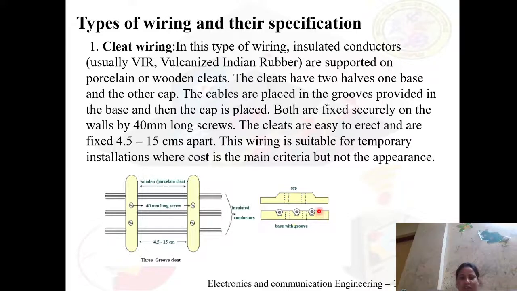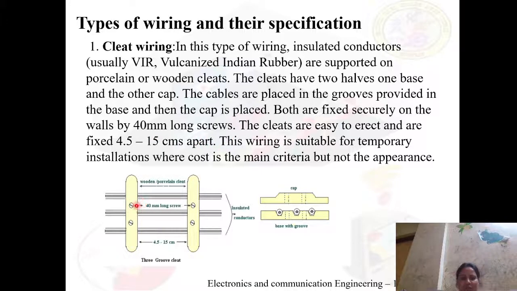This is the base part and this is the cap part. The cables are placed in the grooves provided in the base, and then the cap is placed.